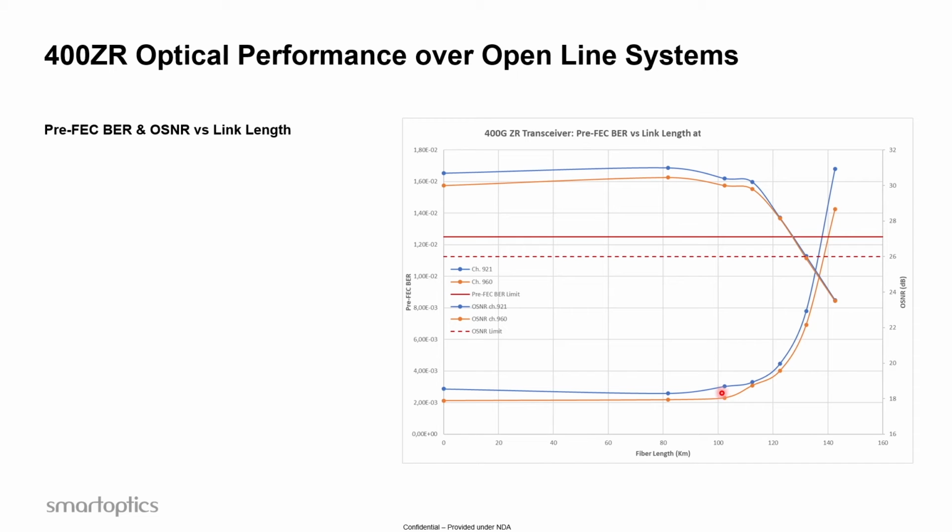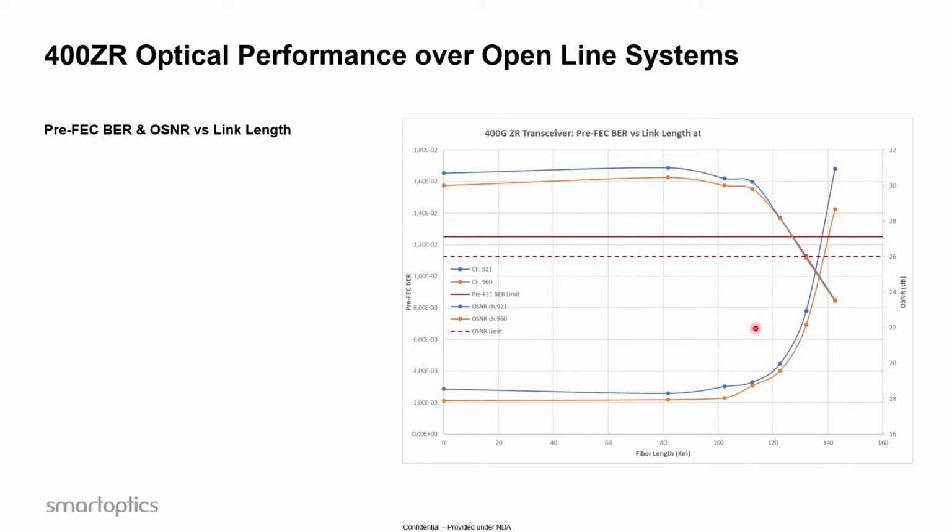We will start to see a slight OSNR penalty when we go up in loss or distance. And once we get close to the 140 kilometer mark, we cross the solid limit here, where we have the limitation of pre-FEC BER. We have to be south of this to be on the correct side of the specification.